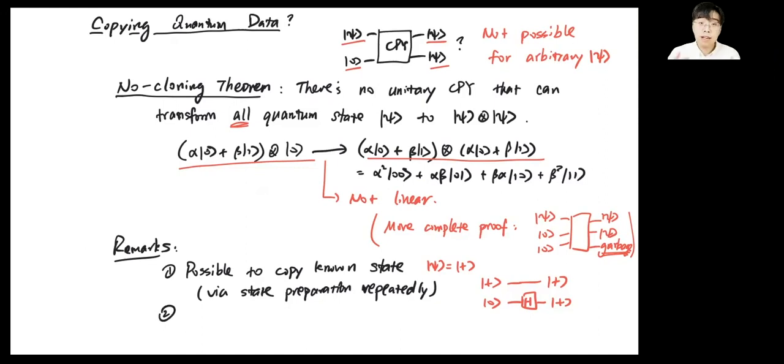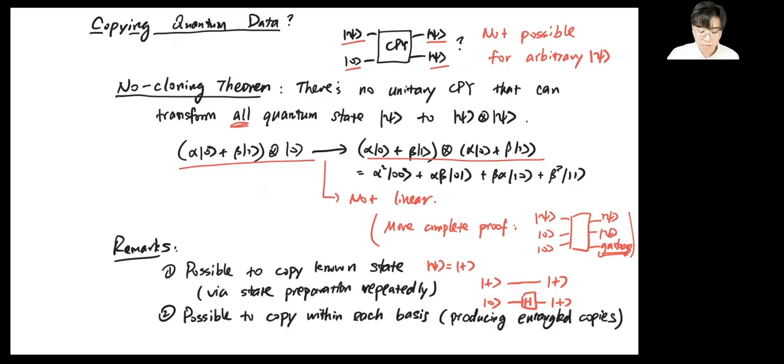The second remark is that it is also possible to copy within each of the bases. For example, if you have input state psi, which is alpha times 0 plus beta times 1, we can use the CNOT operation to produce something that is alpha 00 plus beta 11.